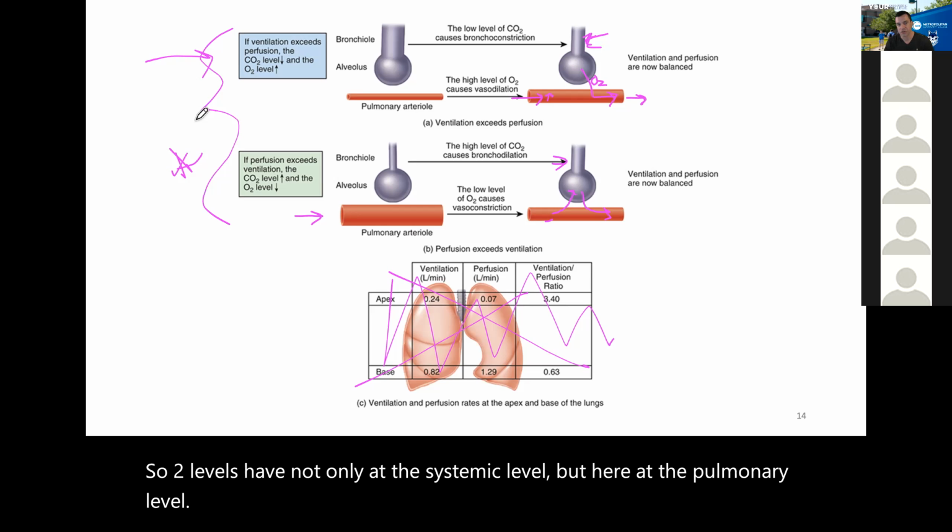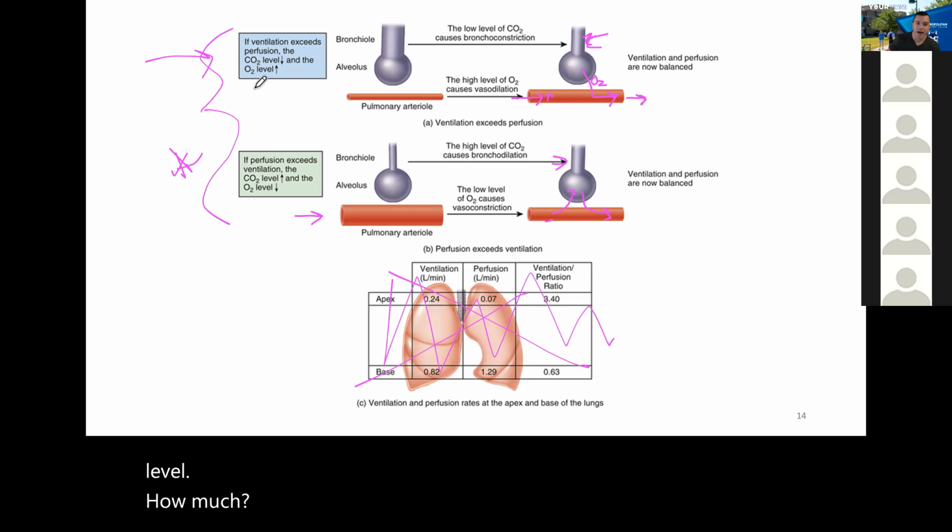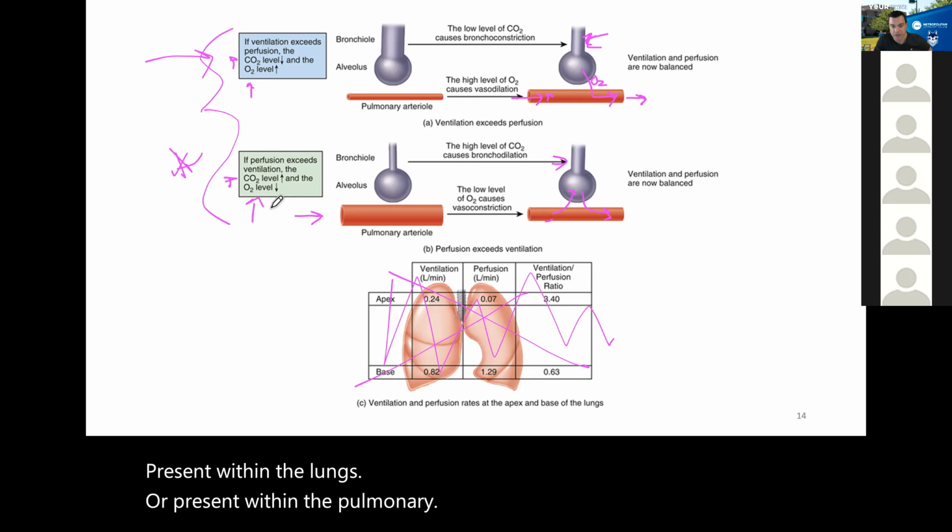How much oxygen, how much CO2 we have present within the lungs or present within the pulmonary circulation will affect one and the other.